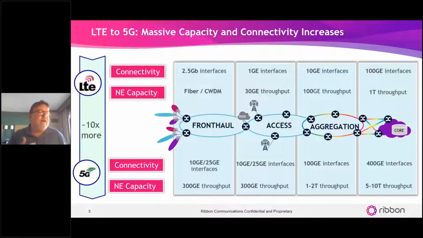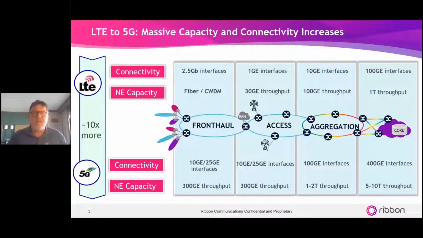You'll see where those interfaces go from 2.5 gig to 1 gig, typical interfaces 10 gig, and then 100 gig backbones. Down at 5G, you'll see that there is roughly a 10 times multiplier, right? So we go from 2.5 gig interfaces out by the cell tower to 10 gig or 25 gig interfaces, and massive amounts of throughput as compared to today.